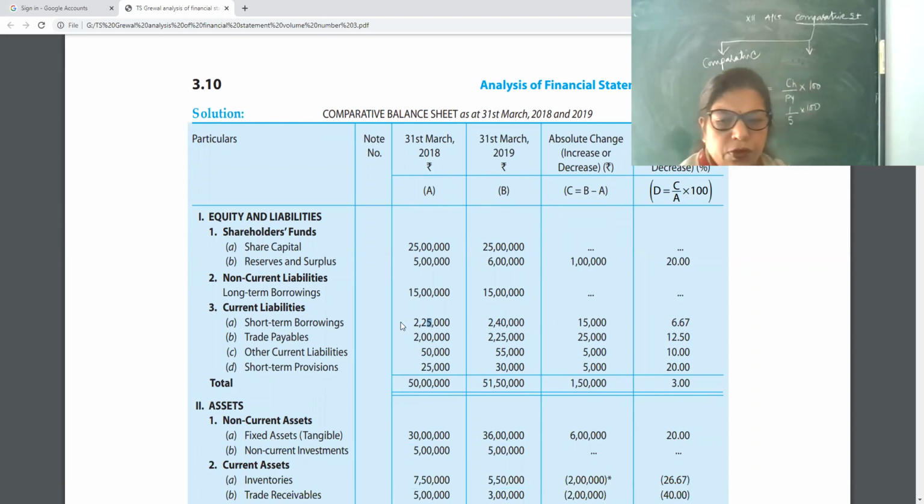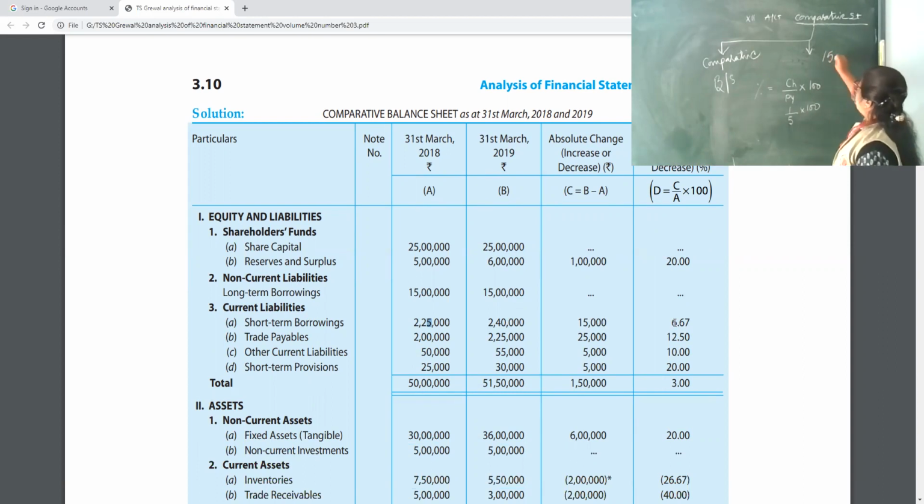Yes. 2 lakh 25,000, 2 lakh 40,000, 15,000 increasing. And how to calculate percentage? Now you will tell. See, 15,000 upon 2,25,000 into 100, 3 zeros, 5 zeros.